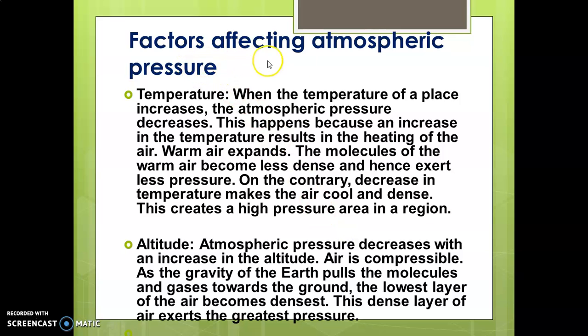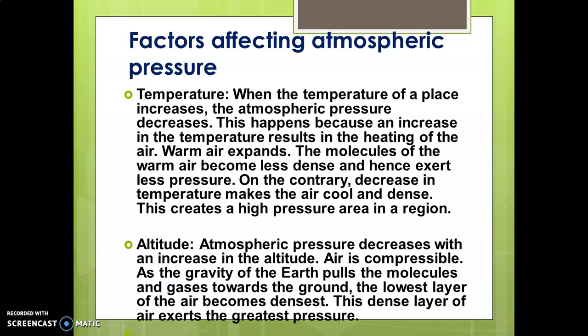Now, what are the factors affecting atmospheric pressure? The very first factor is temperature. We can include latitude here also. Let me explain with the help of latitude. We all know low latitudes, meaning the Tropic of Cancer to the Tropic of Capricorn, or near the equator, receive direct sun rays.